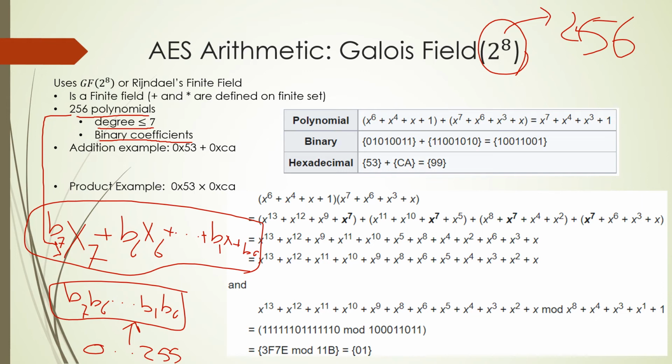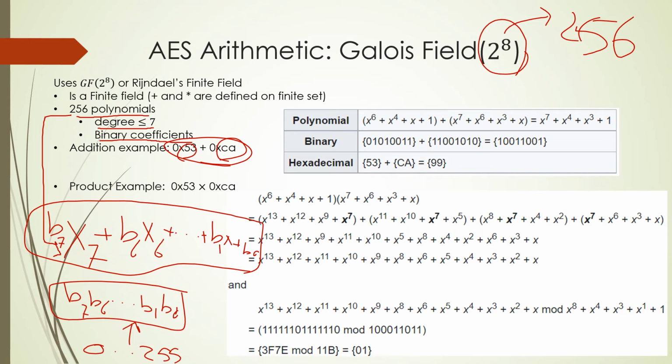But how is addition defined in this field? Basically, the addition would be similar to the exclusive OR. Let's say you want to add these two values. By the way, because each number is 8 bits long, you can represent them with 2 hexadecimal digits. So this is one polynomial, and this is another polynomial.